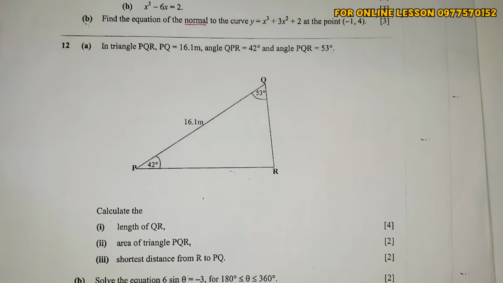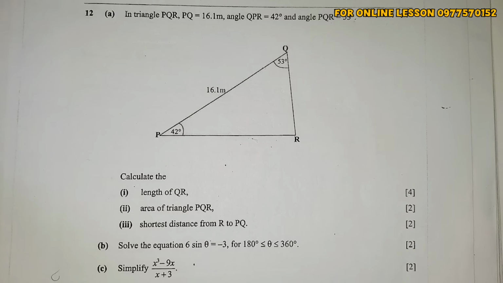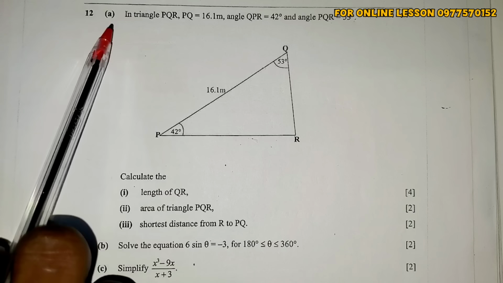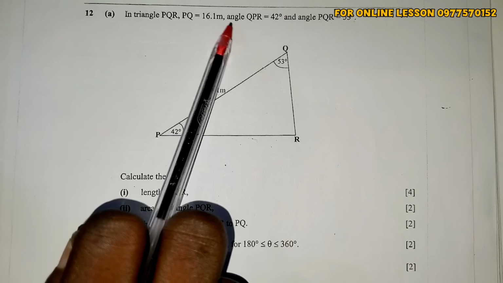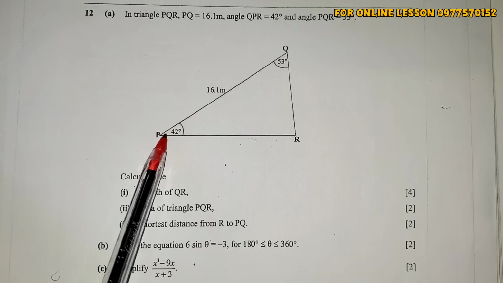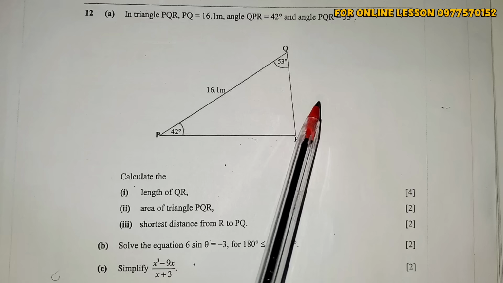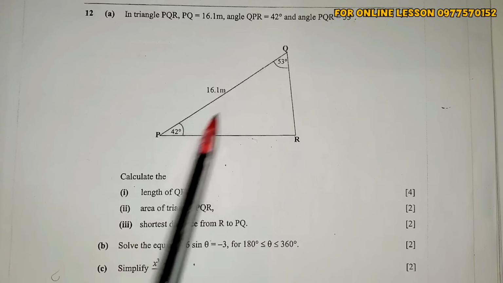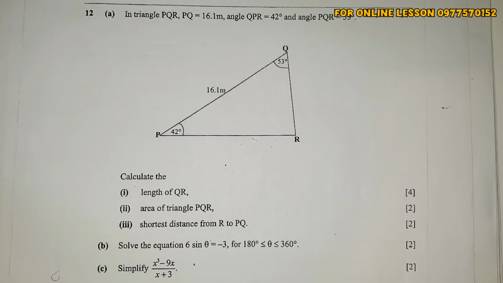Alright, so question 12. Now this is under trigonometry. Let's read the question together. In the diagram, in triangle PQR, PQ is 16.1 meters, angle QPR, which is here, is 42 degrees, then PQR here is 53 degrees.